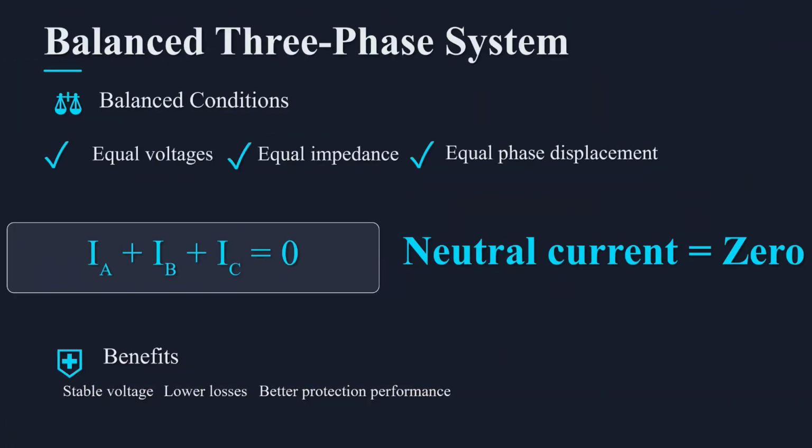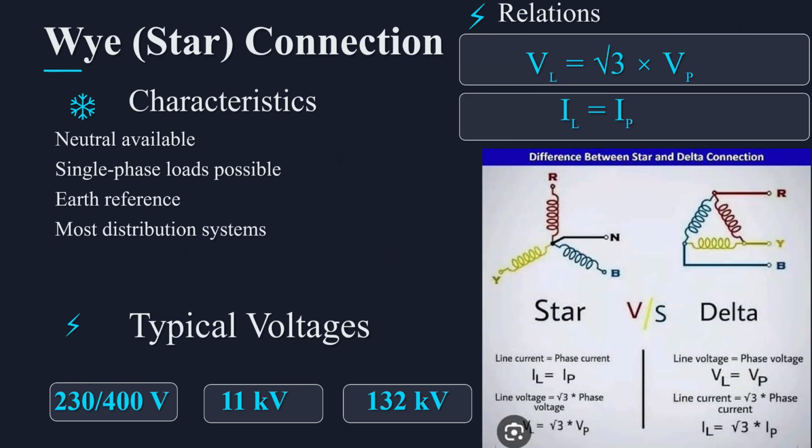Power system operation extends far beyond simply generating electricity. Modern control centers continuously monitor thousands of measurements every second using supervisory control and data acquisition (SCADA), energy management systems (EMS), phasor measurement units (PMUs), and wide area monitoring systems (WAMS).